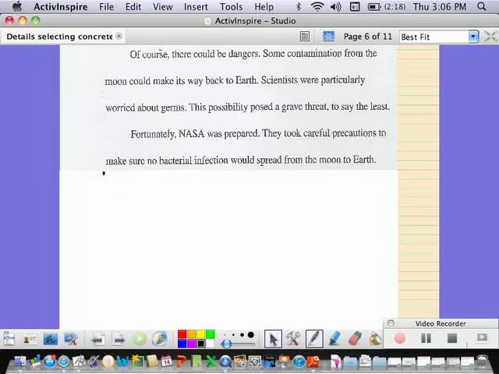Here's the second paragraph. Of course there could be dangers. Well, that's dumb. I don't know what dangers. I'm going to add some descriptive details. I'm going to tell you what kind of dangers.